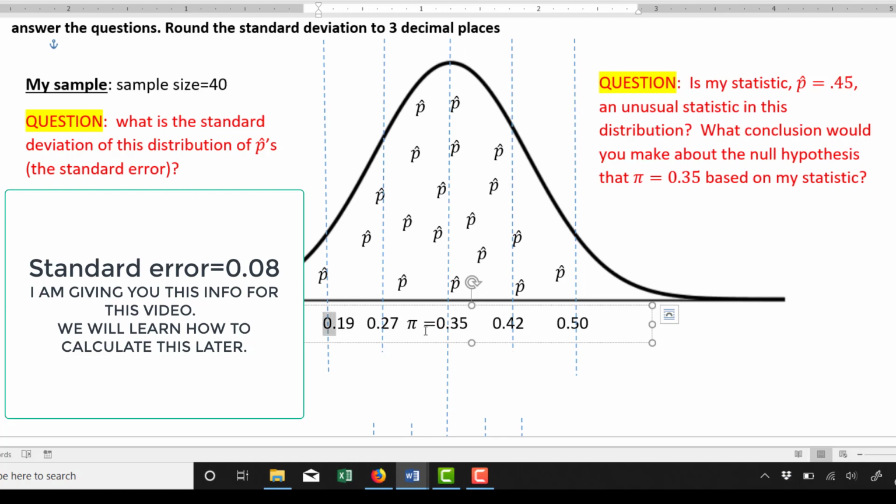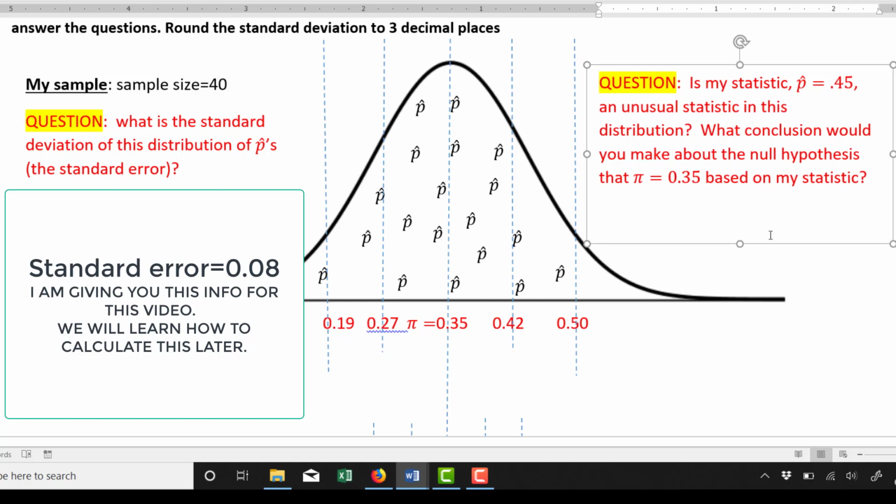So now I've labeled the horizontal axis with the values that correspond with a standardized statistic of 0, 1, 2, and also -1 and -2, which is all those vertical blue lines. Then over here on the right, we have another question. Is my statistic, which was p hat equals 0.45, an unusual statistic in this distribution?